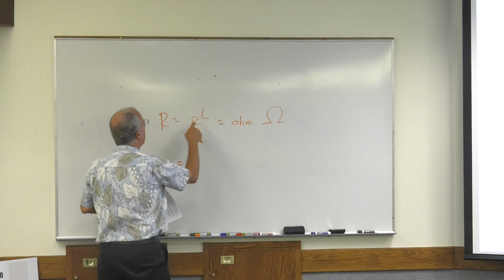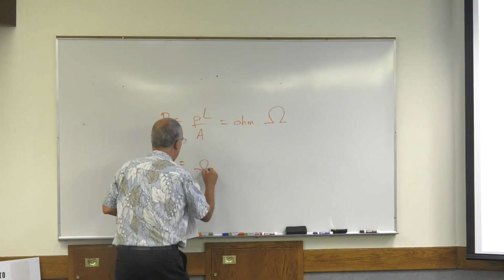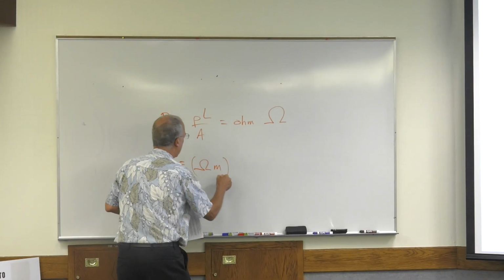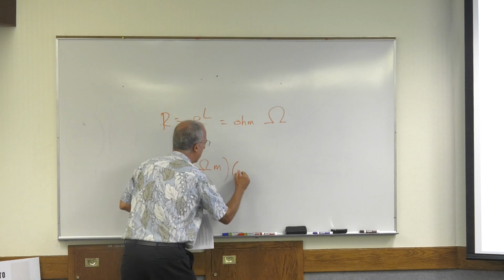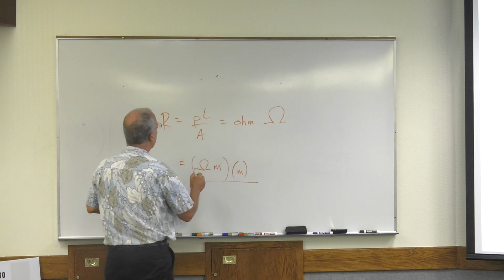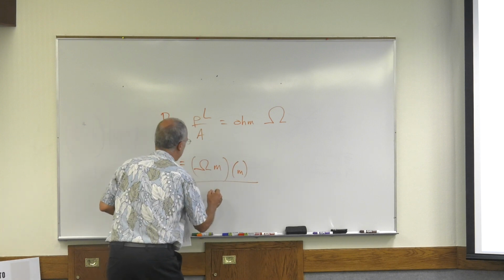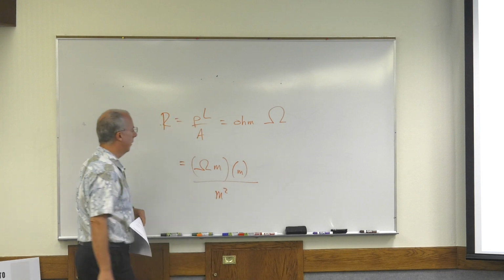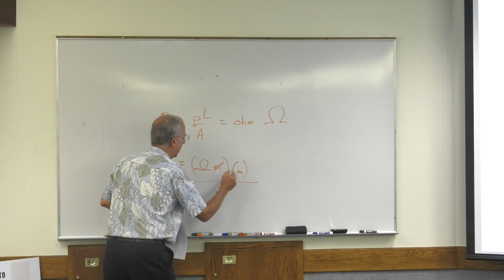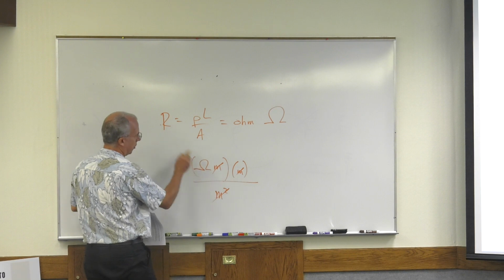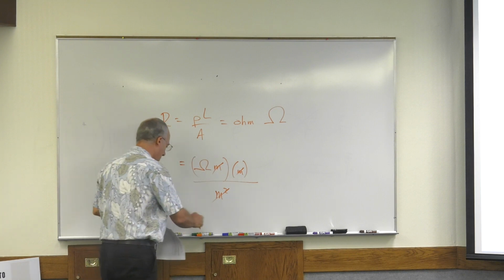The units of resistivity are ohm meter. Length is meter. Area is meter squared. And so the resistance is ohms.